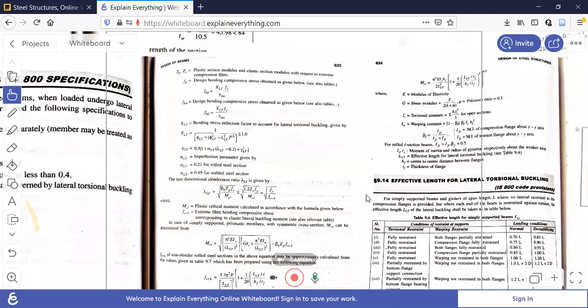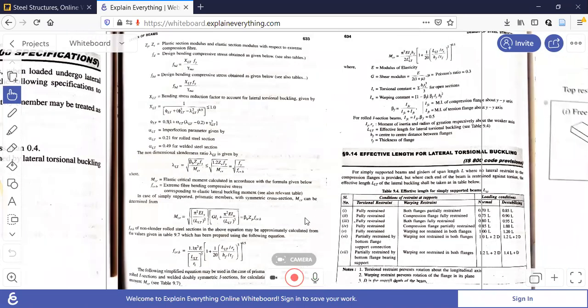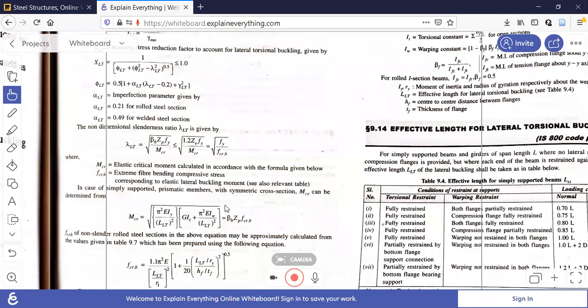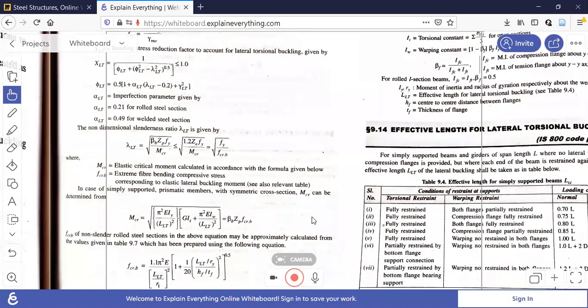I'll go to this particular formula where Mcr is there.